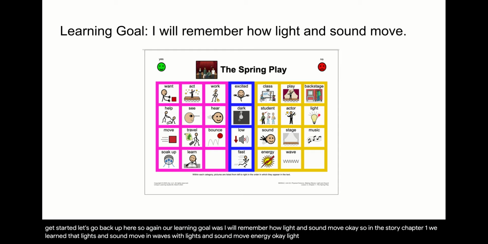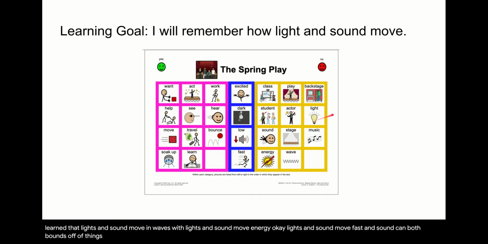Okay? Lights and sound move fast. Lights and sound can both bounce off of things, and light and sound can both be soaked up by things.